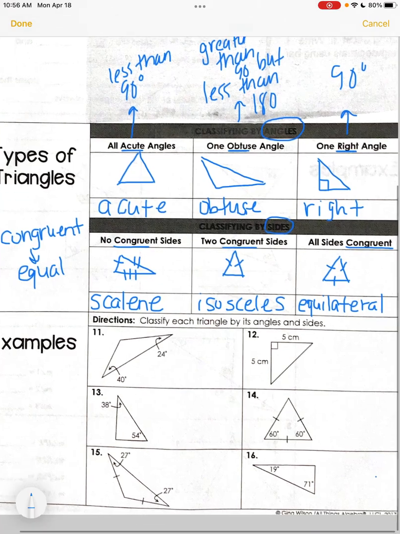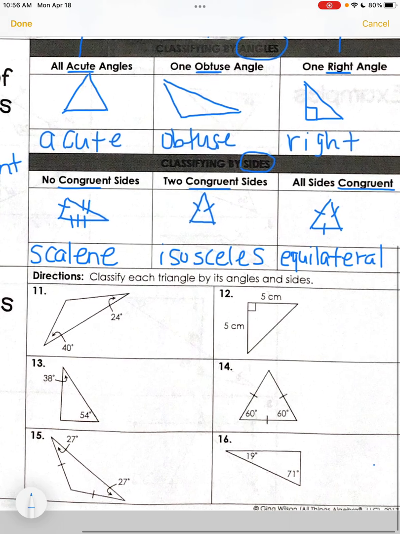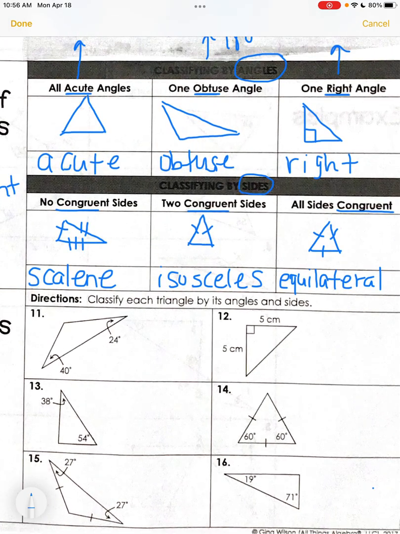Okay, so let's take a look at these examples. At the bottom it says classify each triangle by its angle and sides. So some of these we're going to have to find a missing angle before we can classify it. So if we look at 11, we have an angle of 40 degrees and 24 degrees, but we don't know what this guy is over here. So if we're basing this triangle off 40 and 24, you're going to tell me that that is an acute triangle.